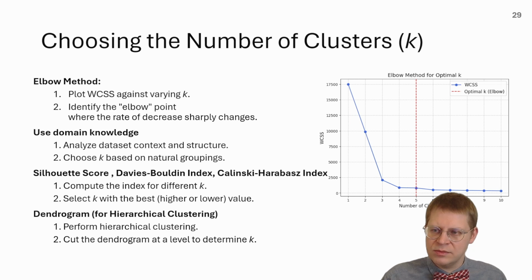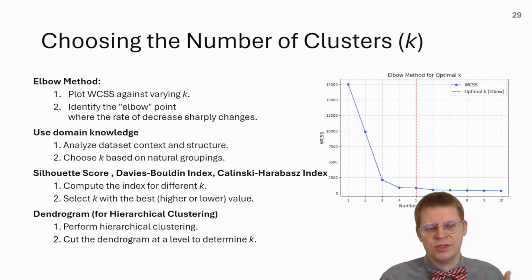And use other metrics like silhouette, Davies-Bouldin, Calinski-Harabasz. These metrics evaluate the quality of clustering at different K values. The silhouette score can measure how similar points are within the clusters compared to other clusters.